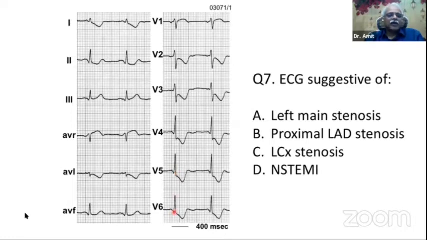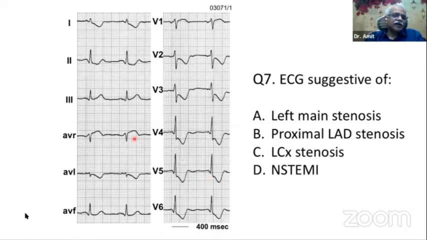So out of the 12 leads, almost 8-9 leads are showing ST depression. Which are the leads showing ST elevation? V1 is showing some ST elevation. aVR is showing some ST elevation. So only aVR and V1 are showing ST elevation. Rest all the leads are showing ST depression.